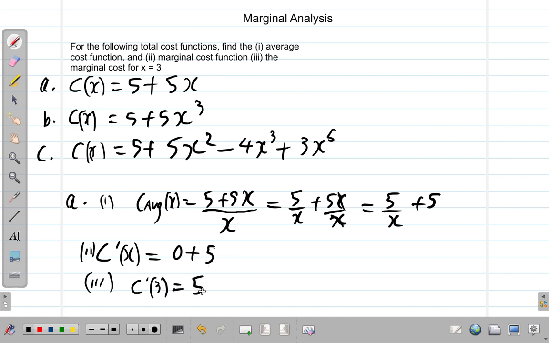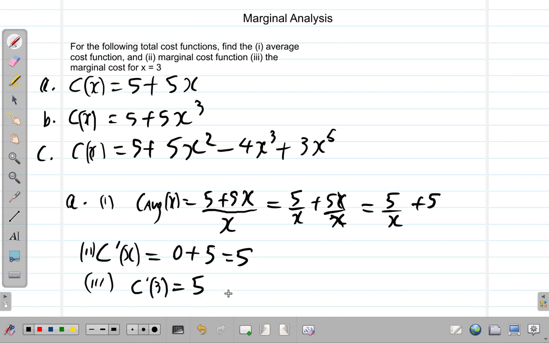Well, it's just 5. 0 plus 5 is 5. So whatever it is, it's just 5. Now, in this case, what you're looking at is a case in which the marginal cost is always 5, whatever the value is.